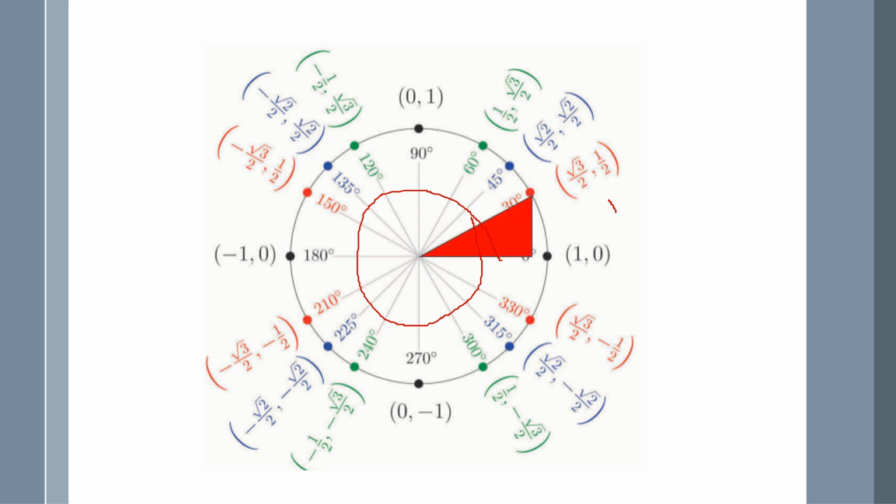So you got 30, 45, 60. So in quadrant 2, you got 150. But if you notice, it's the same color as my 30-degree triangle. So you have to just recall that. Have it mastered.